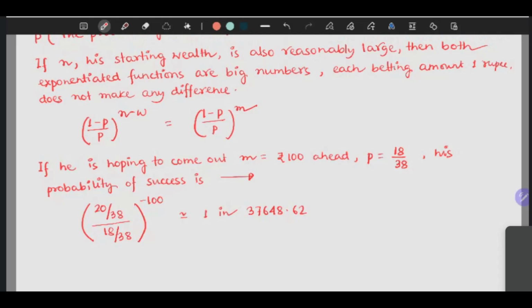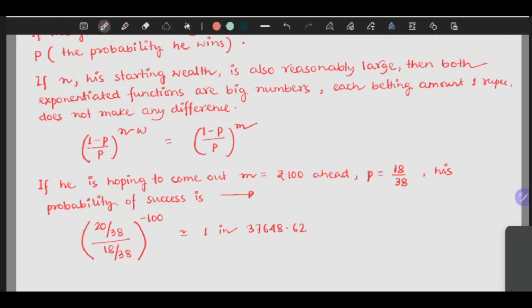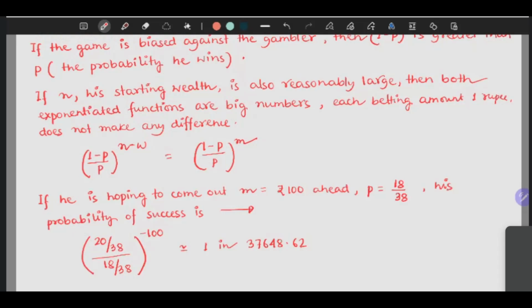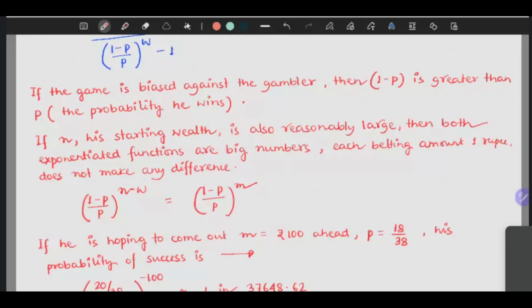So where 1 minus p will be like this. So p is its probability of winning.